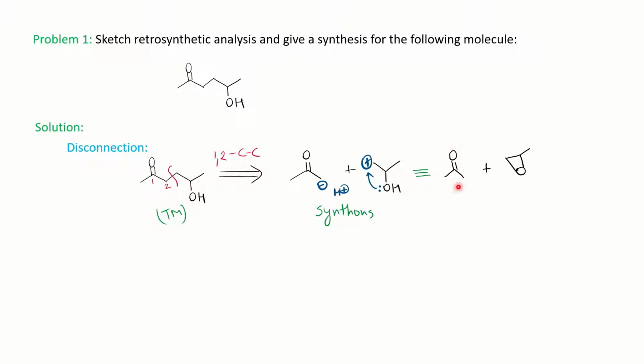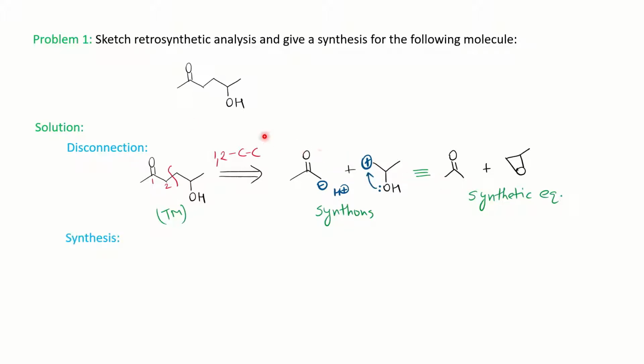You have acetone if you stabilize it with positive charge, and on the other side you are forming an epoxide, and the two are easily available starting materials, and you can easily design the epoxide also. So the two are the starting materials for the synthesis of your target molecule. These two are called the synthetic equivalents, which are the starting materials for your synthesis.